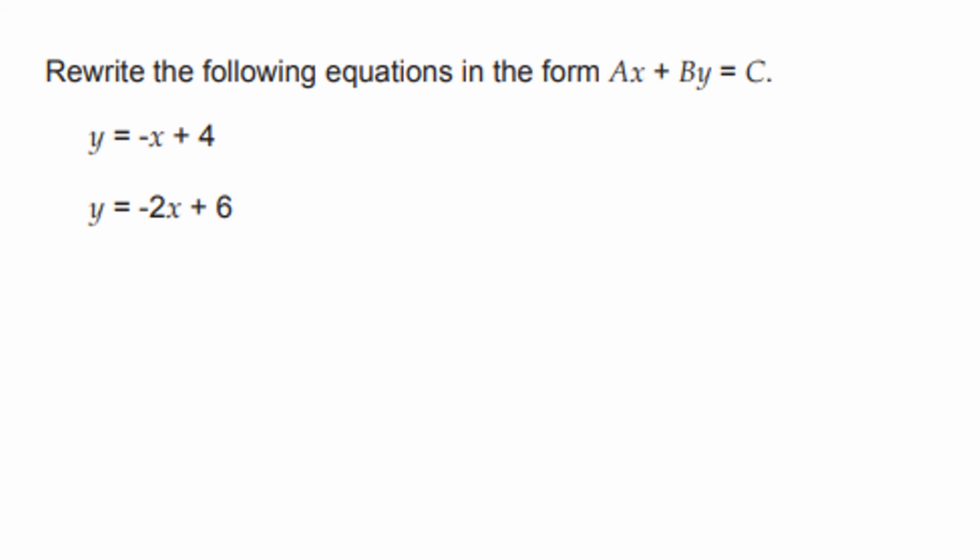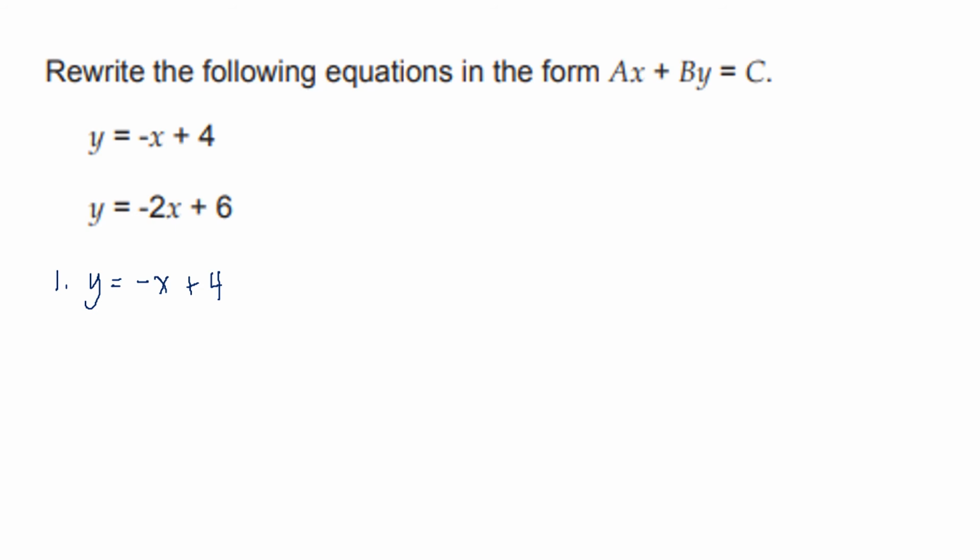Okay, so let's try solving first. The first number, y is equal to negative x plus 4. So looking at this equation, it looks simple already. I don't need to remove any denominators. All I need to do is to do transposition so that I will get the ax plus by equals c form.